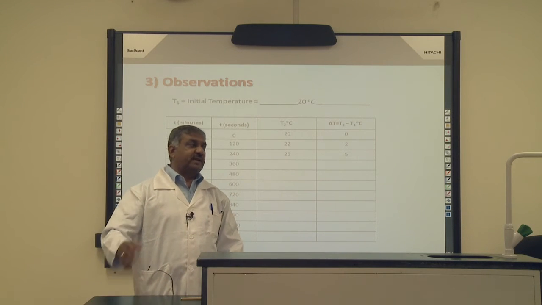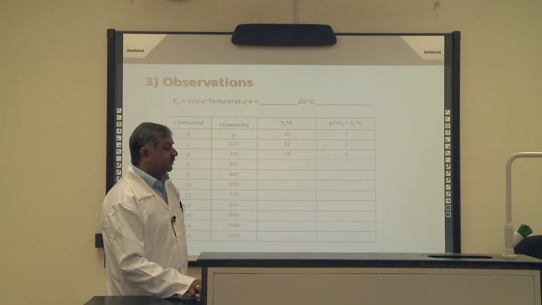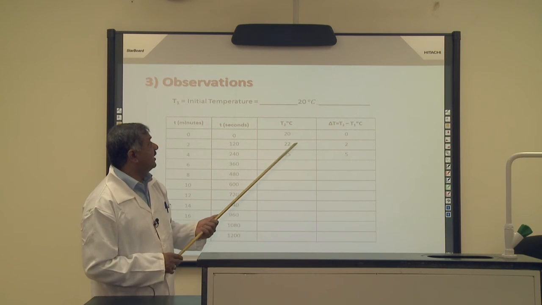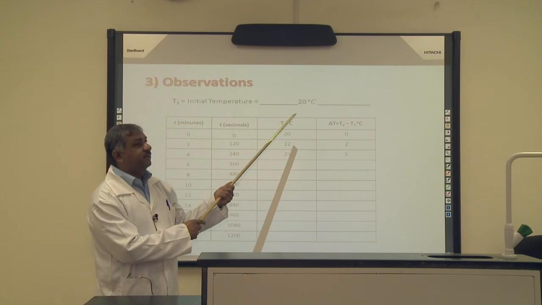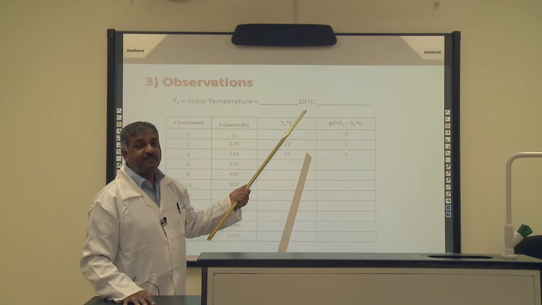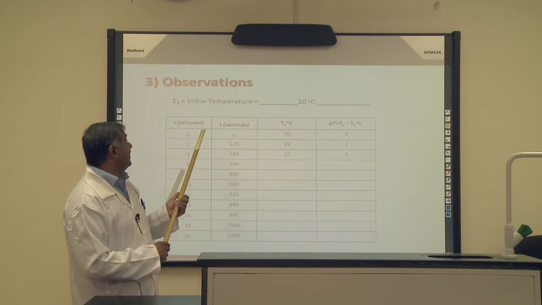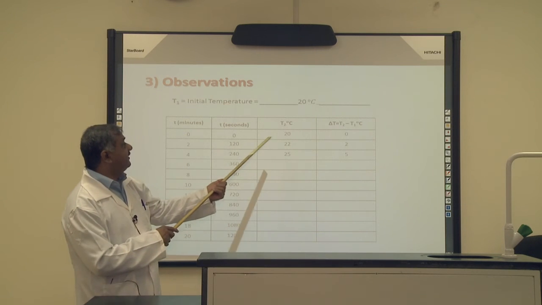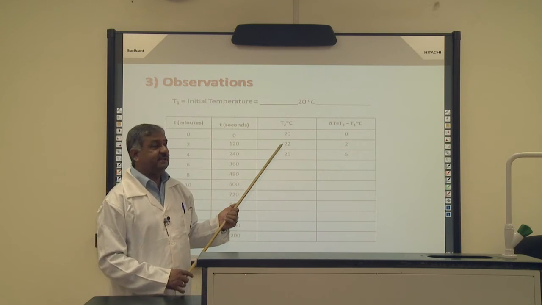Okay gentlemen, as you have seen, we have performed the complete experiment. Here is the table which you are going to fill. Before starting the current you note down the temperature; I noted it was 20 degrees Celsius. Then I started the current. At 0 minute you have the same temperature as T1 and your difference will be 0.